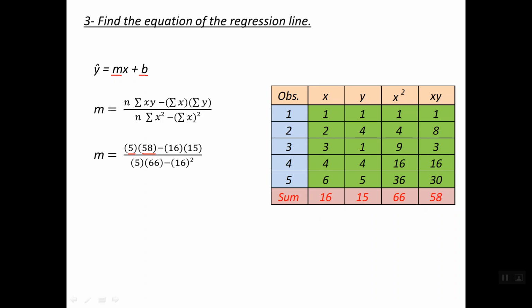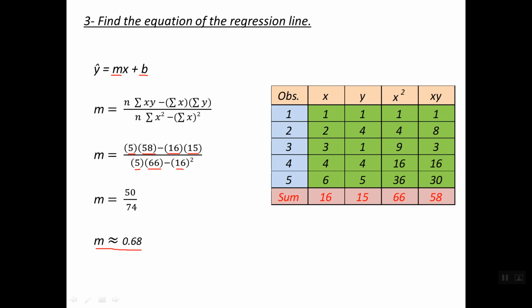This is the sum of x times y, 58, minus the sum of x times the sum of y, all divided by n multiplied by the sum of x squared minus the sum of x all squared. So if you proceed, this is the value of m, which is the slope of the regression line.